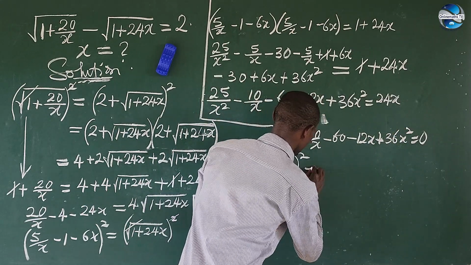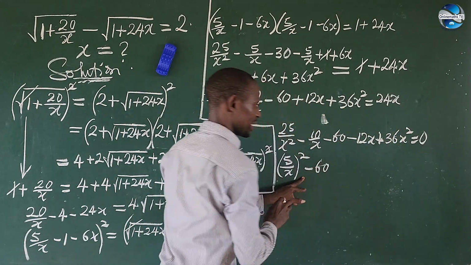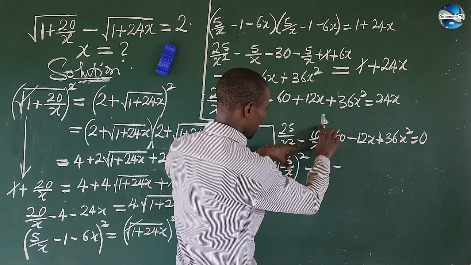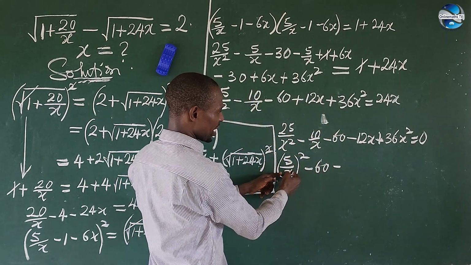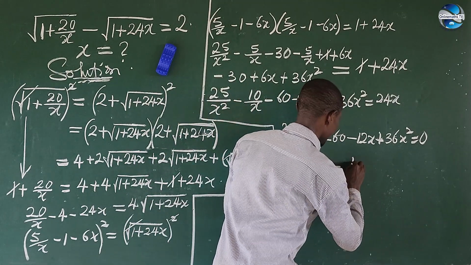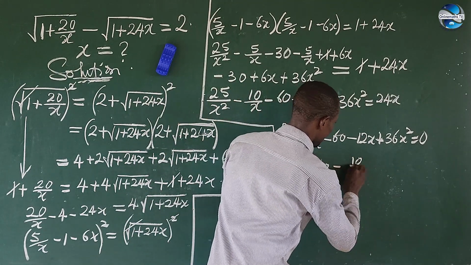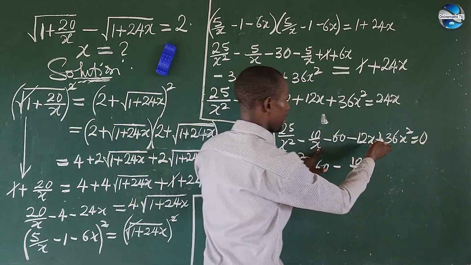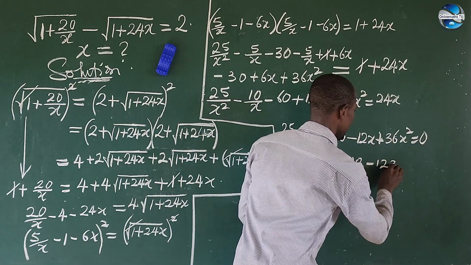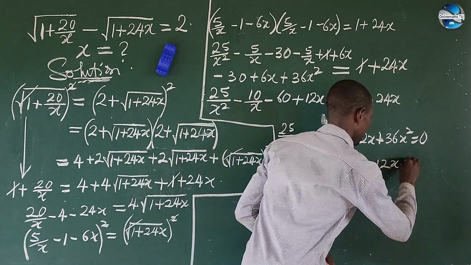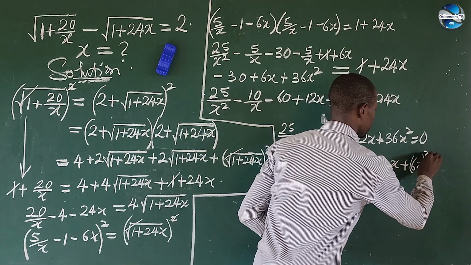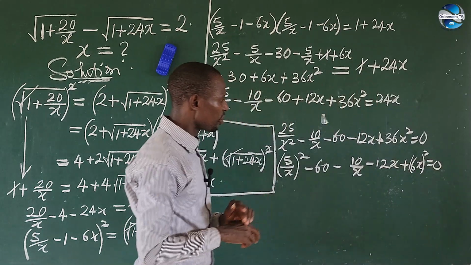So minus, if I bring here 60, I want to get something like that from here. So I'm going to write this as 10 all over x. Then I bring this together minus 12x, plus 6x all to the power of 2 equal to 0.